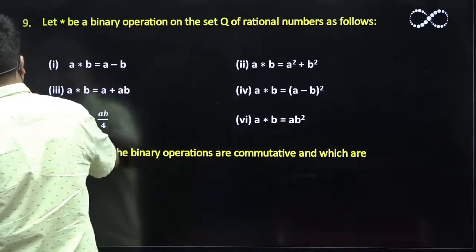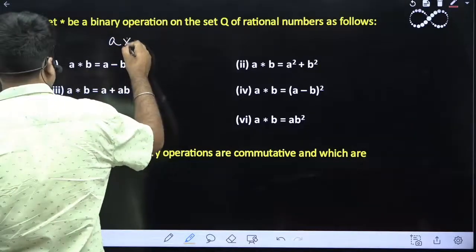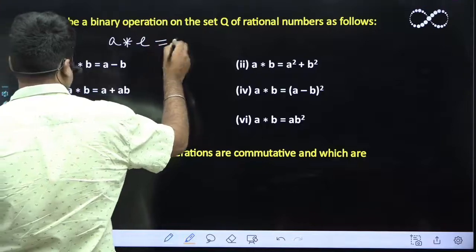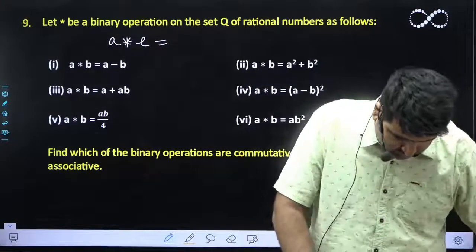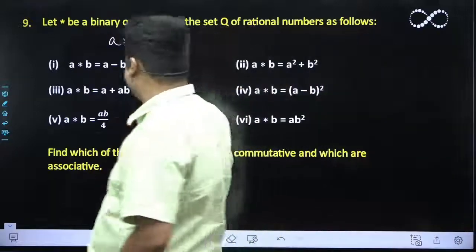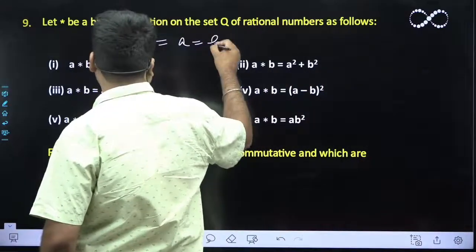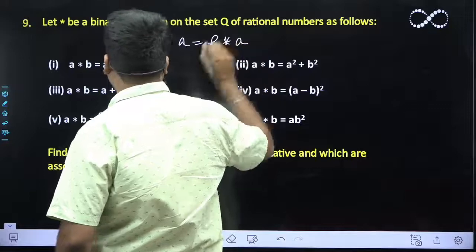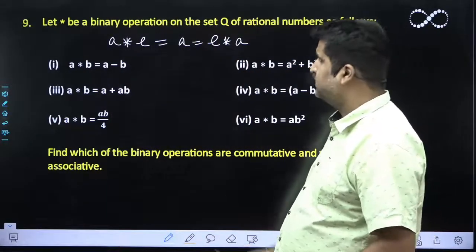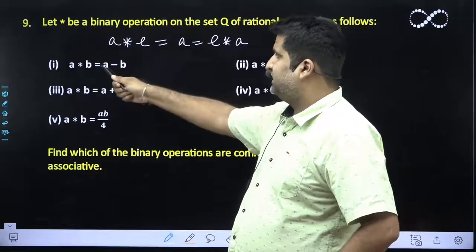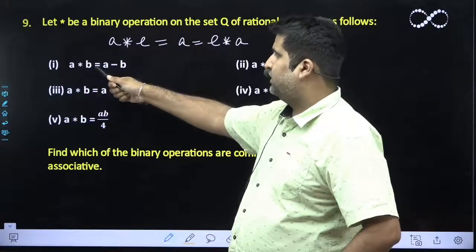We have to see such a number E such that A star E is equal to A is equal to E star A. This does not exist for all the cases, since if you put E is equal to 0 here, what is A minus E?